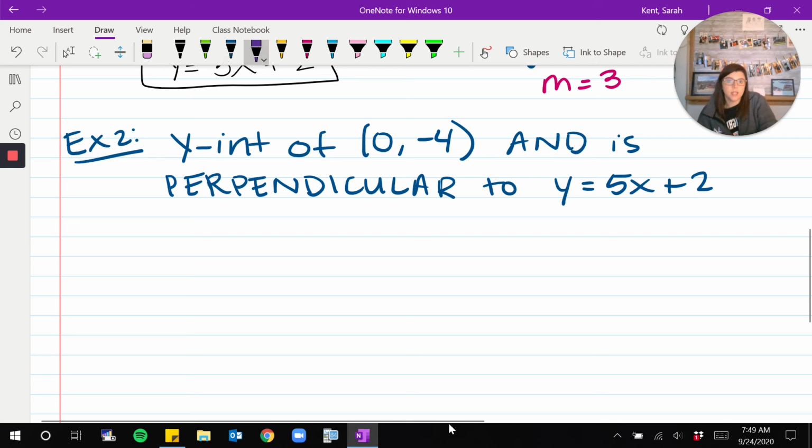If I look here, this already says y equals, so I'm good with this equation. I do not need to change it.